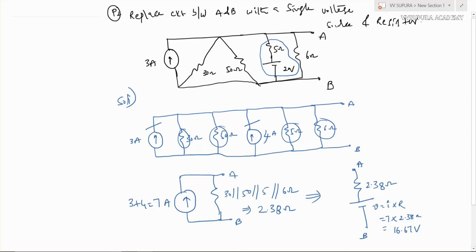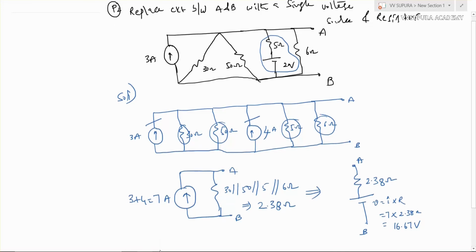Okay, so this complicated network has been converted into a single voltage source and single resistor. With this we can solve any type of problems. We can convert a voltage source into a current source and a current source into a voltage source, right? Thank you, have a nice day.